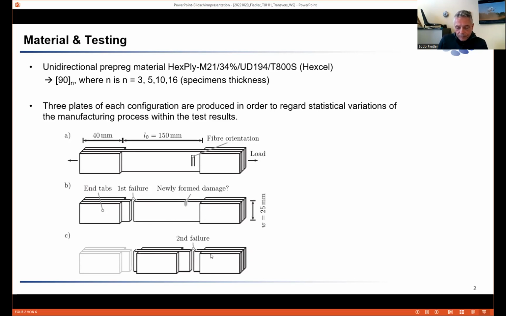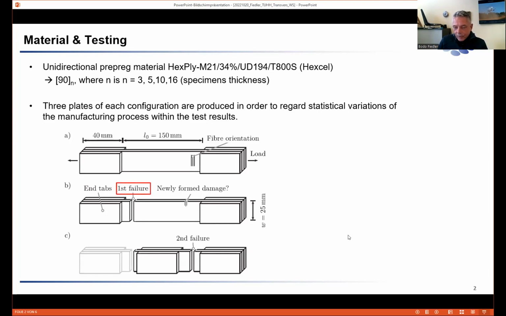And the idea was then to make a new specimen from this remaining part. Here we glue new tabs on the end, and then we made again the transverse test, so the second failure.